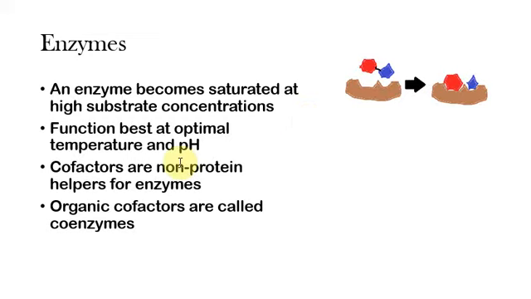Another property of enzymes is that they have an optimal temperature and pH, and this is where they function the best. This is where they can do their job the best. They can make the reaction occur the fastest. Now, there are certain enzymes in your stomach. Of course, your stomach is very acidic. It has a very low pH, and those enzymes that are in your stomach are breaking down proteins. They function best at a very low pH.